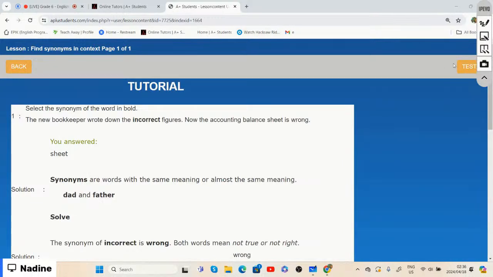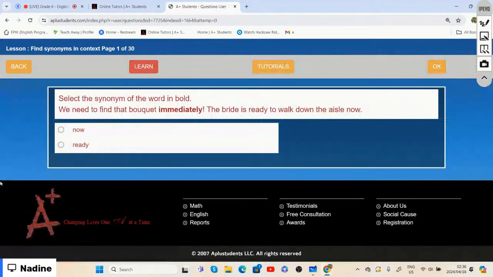where we are going to find synonyms in context. We need to select the synonyms of the word in bold. We need to find the bouquet immediately. The bride is ready to walk down the aisle now. We need to find the synonym of the word immediately. Is it now or is it ready?